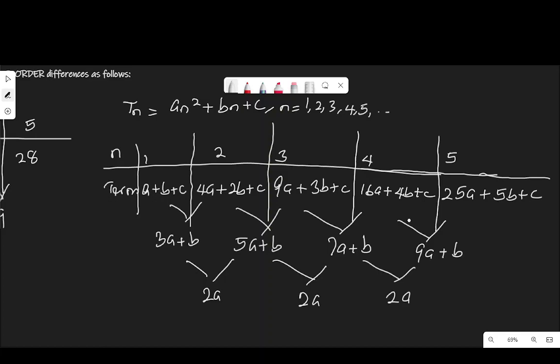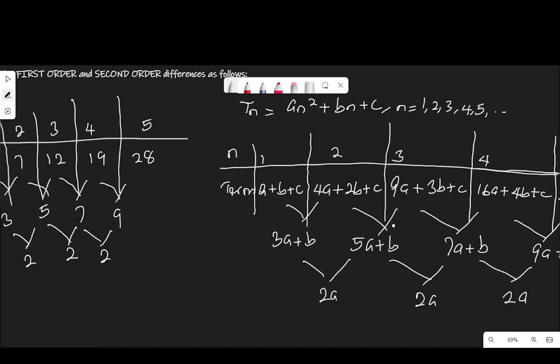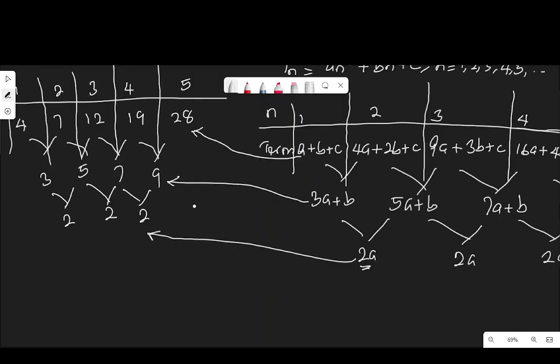Now if you compare the two tables, 2a here, as in the whole of this row, corresponds to this row here, and this row of elements corresponds to this row of elements there. So if you compare them, 2a is equal to 2.